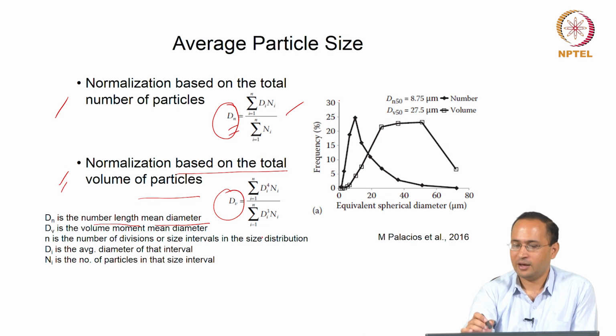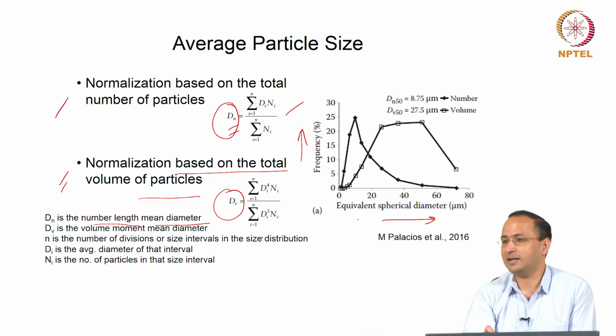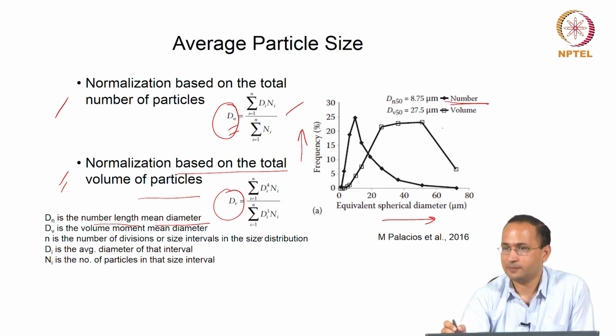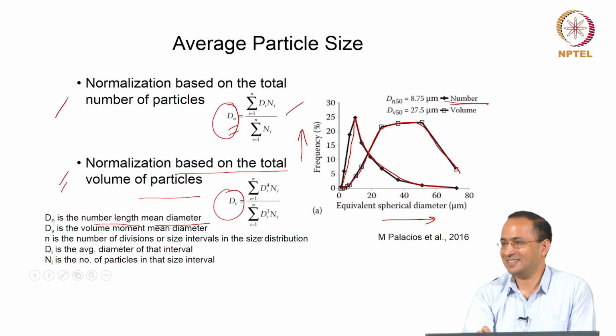What do you see? We are plotting a distribution curve. On the y axis we have frequency, on the x axis we have equivalent spherical diameter. When you plot on number basis you get this distribution, and when you plot on volume basis you get a different one, so the distributions are different.